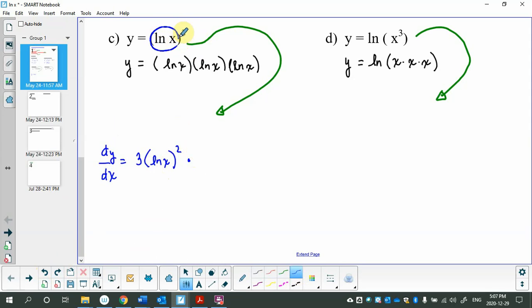Take the derivative of ln x, which is 1 over x, and then take the derivative of x, which is 1. So anything that isn't a fraction is over 1, and then I can make this look pretty. So 3 times ln x squared times 1 is 3 times ln x squared. And then 1 times x times 1 is x.